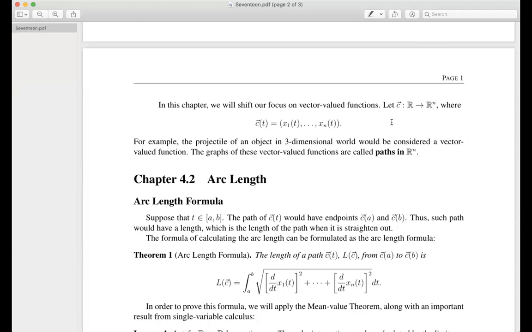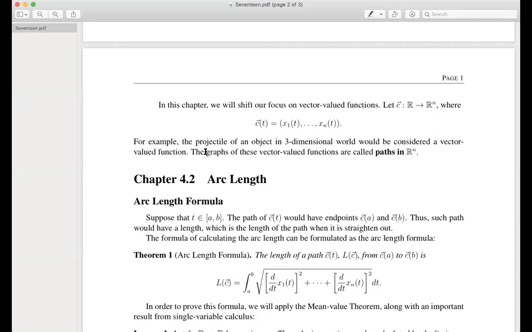At a certain time, an object would have a certain position, and the set of all these combinations of time and position constitutes the path of this projectile, and this would be a vector value function.